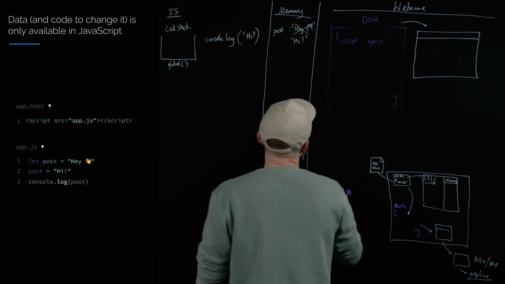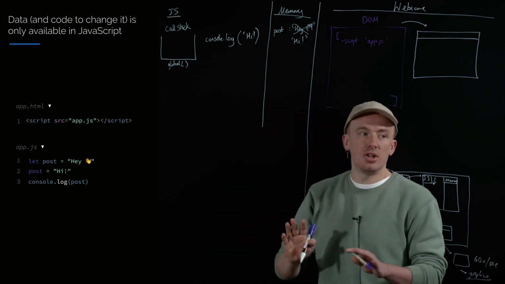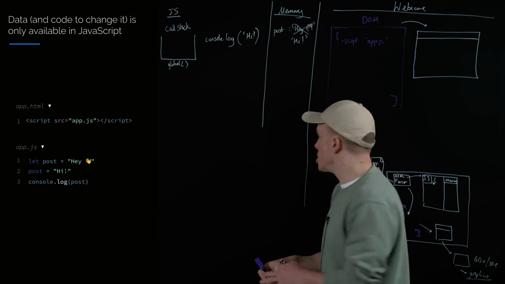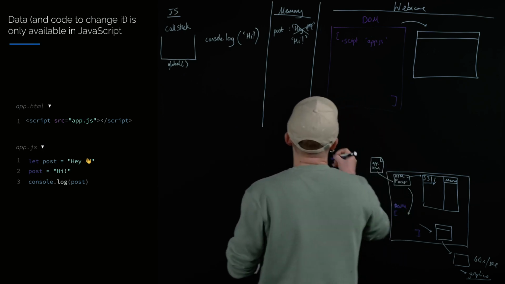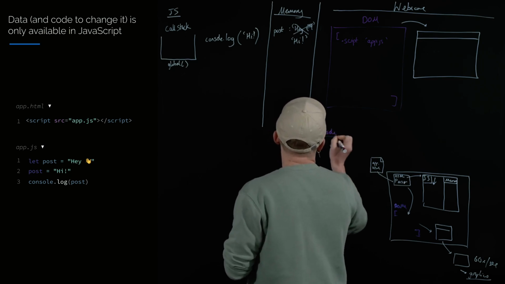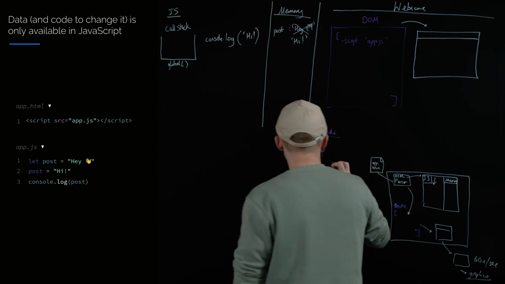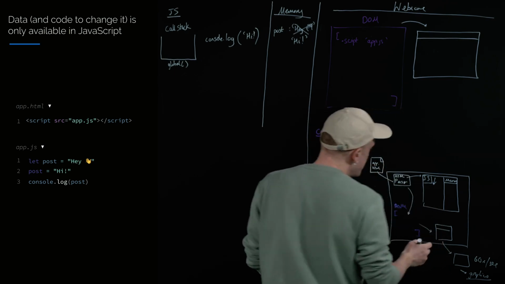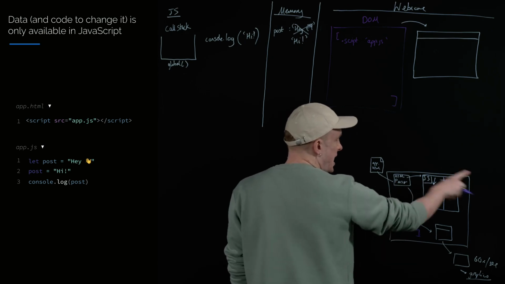So the console, first thing to say, the console is not in JavaScript. Not a chance. Let's have it over here in purple, not meaning it's in the DOM, just not in JavaScript. It's not in our JavaScript engine, but it is in our web browser as a whole.